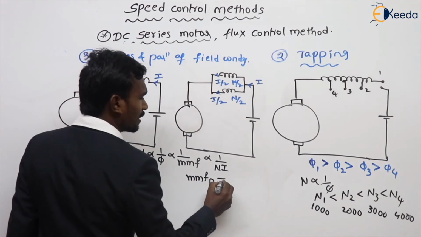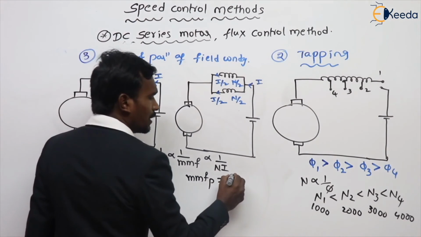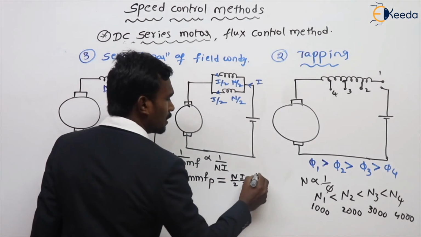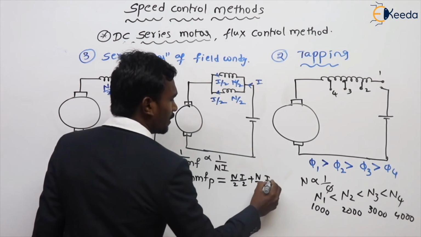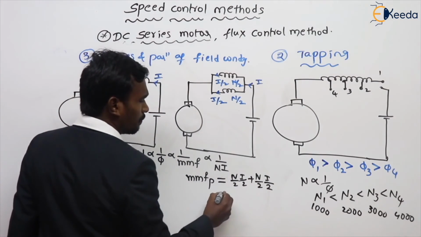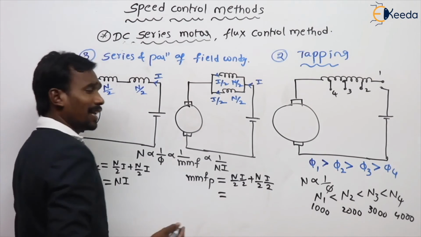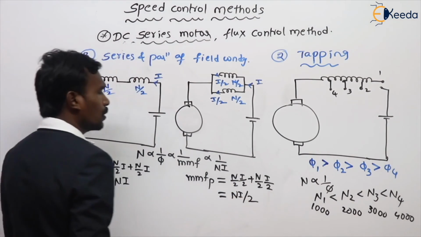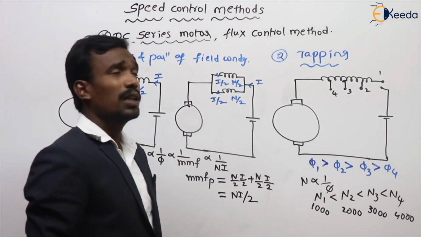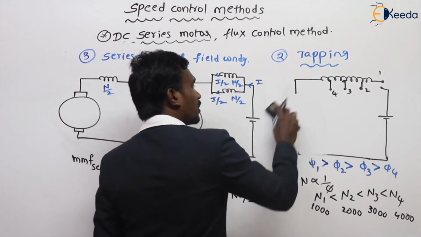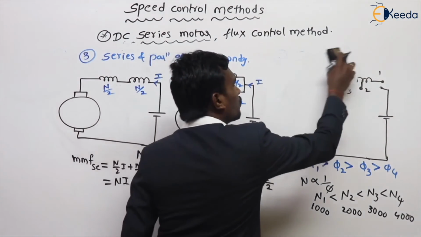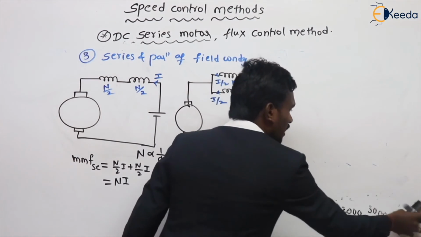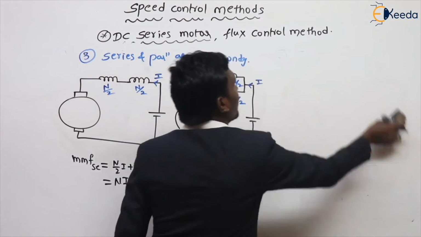MMF for parallel connection is equal to N by 2 times I by 2 plus N by 2 times I by 2, nothing but NI by 4 plus NI by 4, which is equal to NI by 2. This is for parallel connection. We have two MMFs. Let's calculate at which condition the flux is constant.